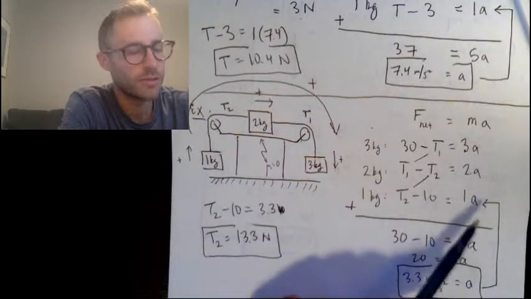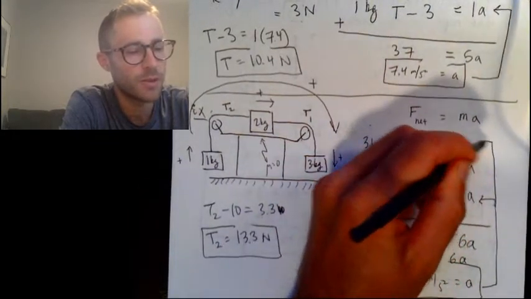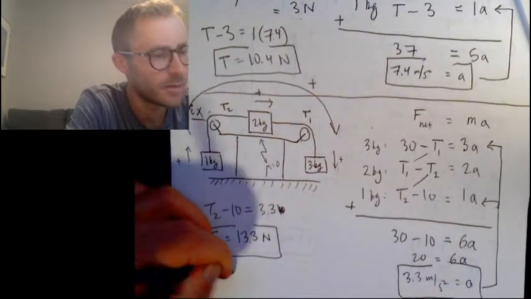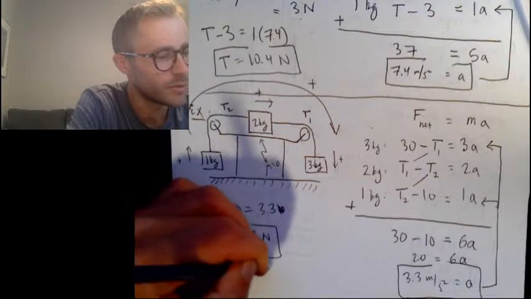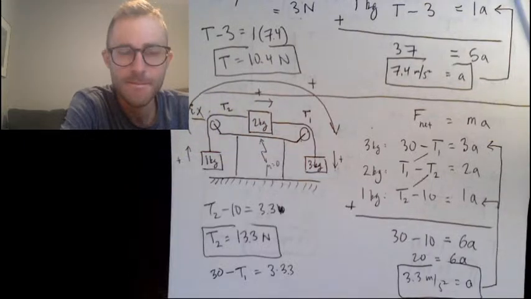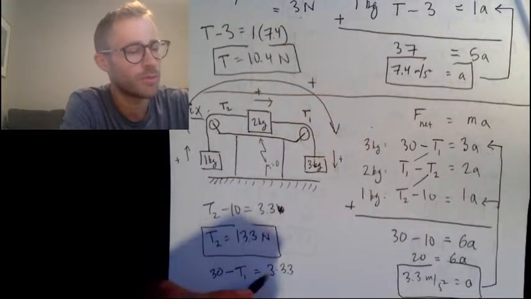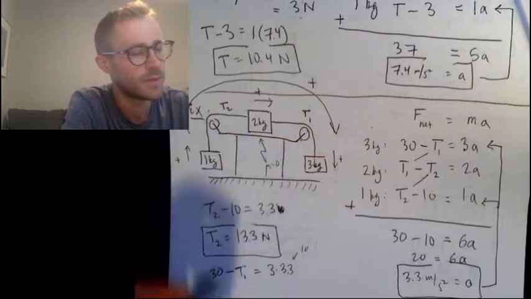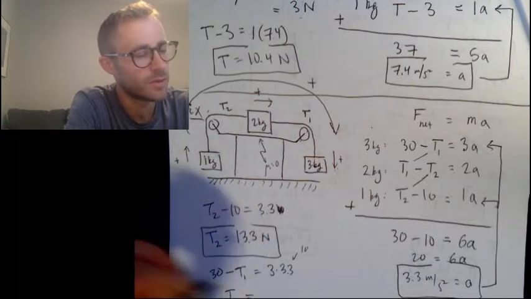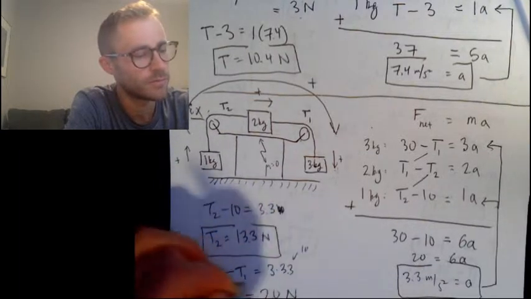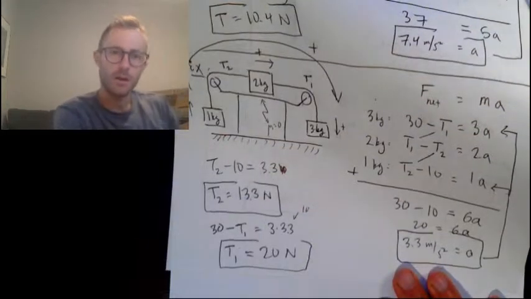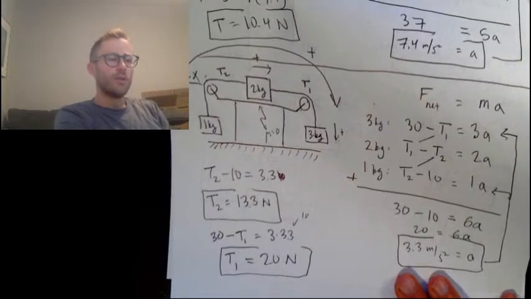Now plugging it into the top equation is going to let me get T1. So 30 minus T1 equals 3 times 3.3. 3 times 3.3 is 10. So that tells me that T1 equals 20 newtons. I don't know if you can see that.